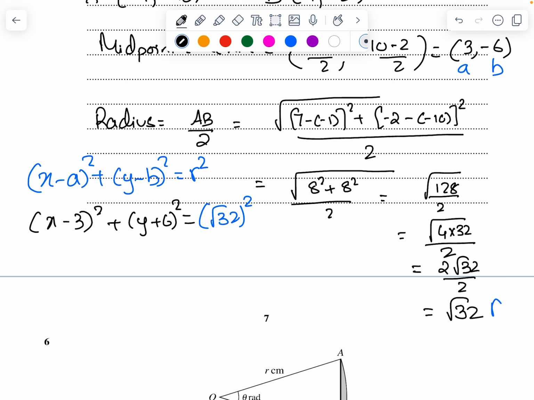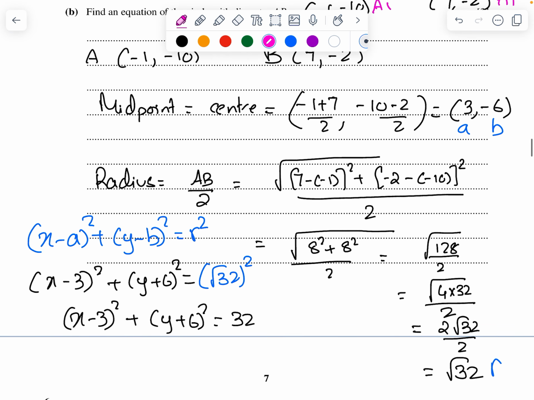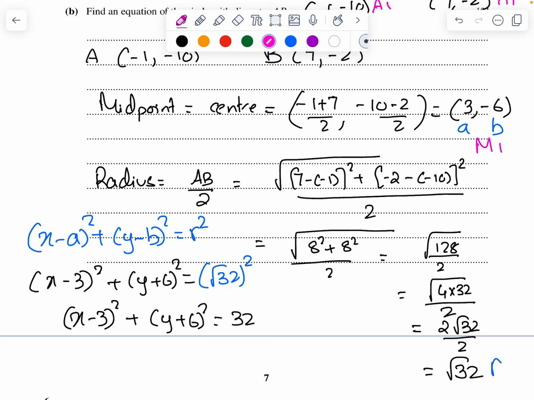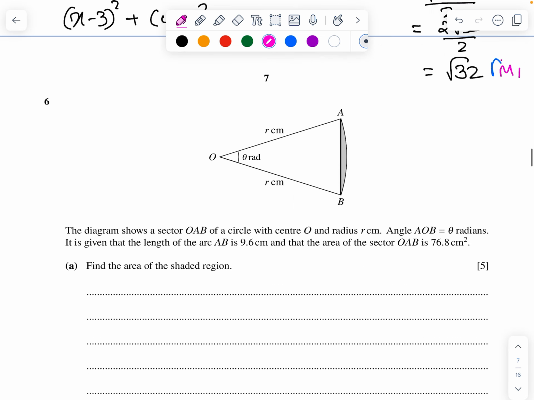So when I simplify that, you can just leave it over here: (x minus 3) whole square plus (y plus 6) whole square equals 32. So for getting the midpoint, M1, and for getting the radius, another M1, then for getting the equation of a circle, accuracy mark, 1 mark.